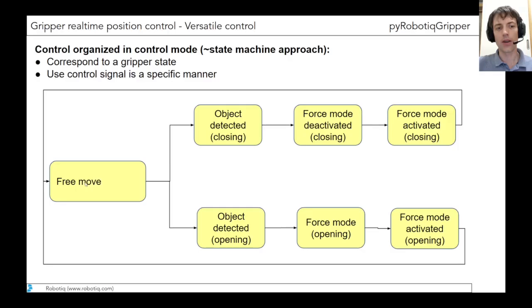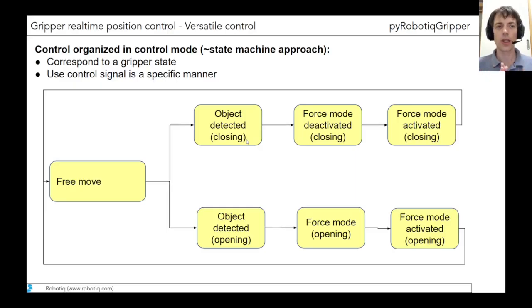Then we will go through the flow of the different modes, and I will just go through the top branch here. So let's say that you close on an object. The gripper will detect the object, and you will enter the object detected mode, closing.